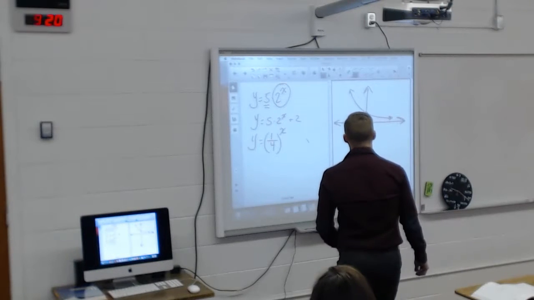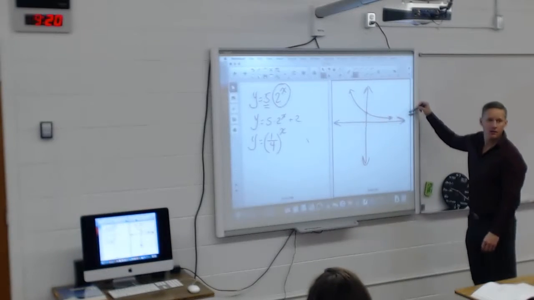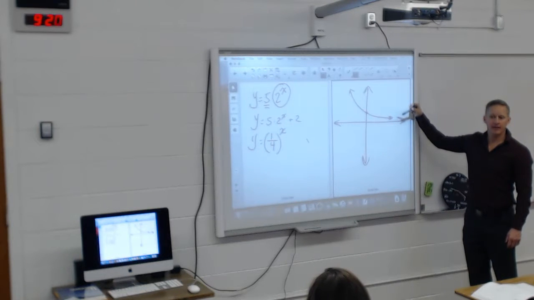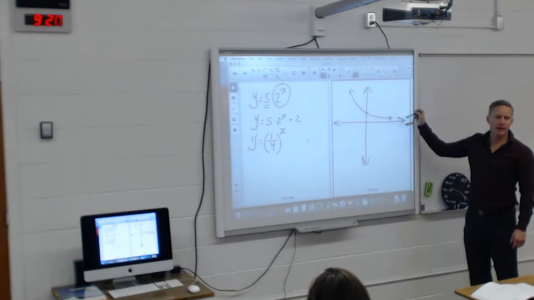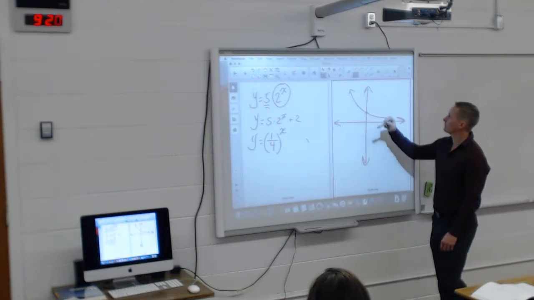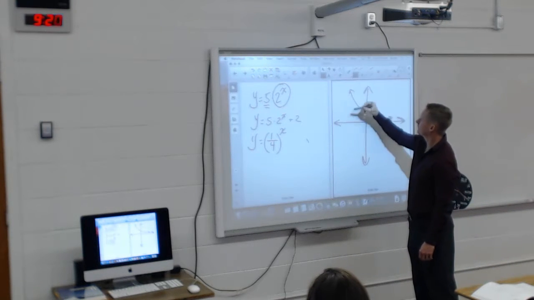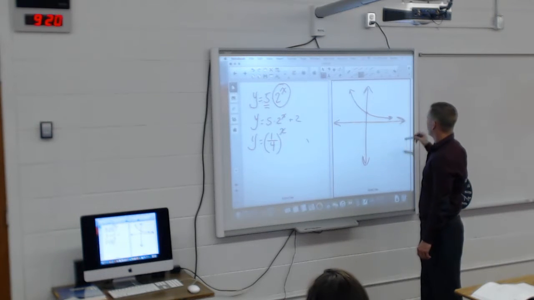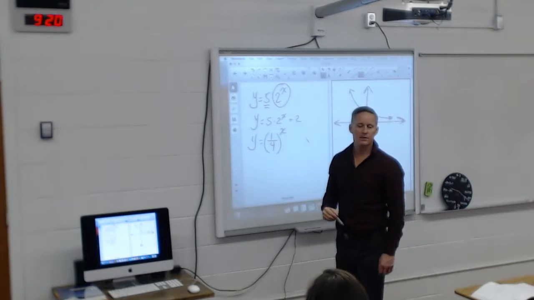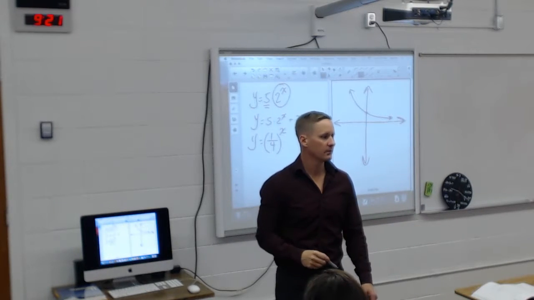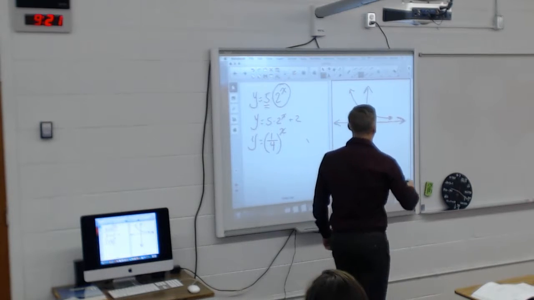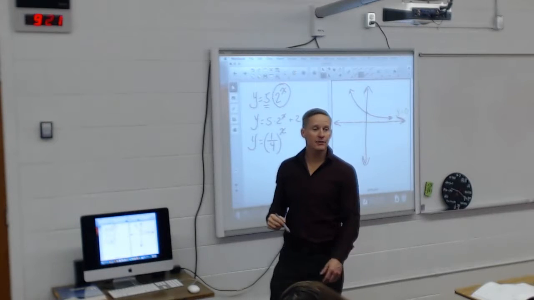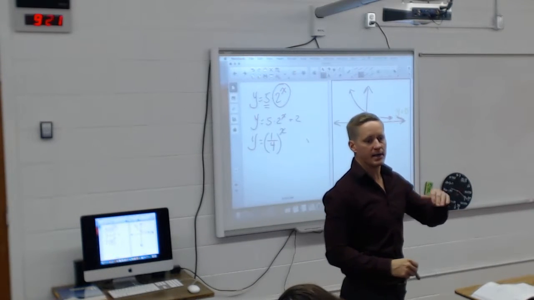As I get larger out here, what's happening with my y values? They're getting smaller. So what have I created on this graph that we just learned about? That's called an asymptote. What's the equation of that asymptote? y equals 0. Remember that when you give the equation of any line, if it's a horizontal or vertical line, it'll be y equals or x equals.